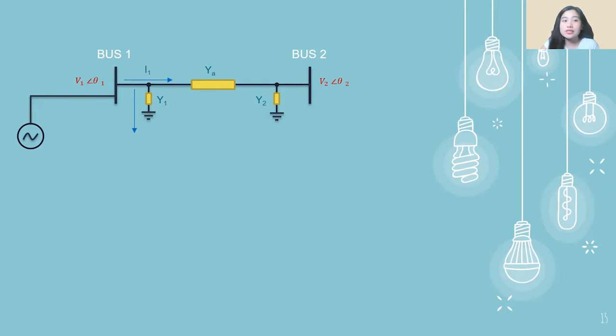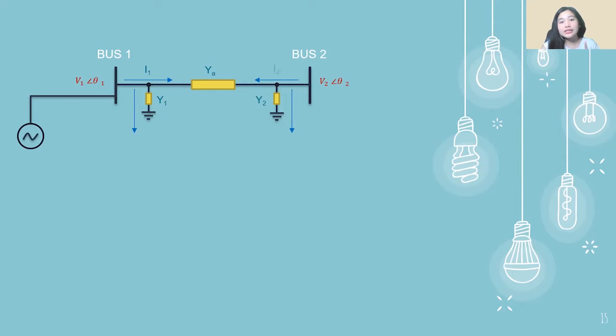The same goes here. At our bus 1, the injected current will be equivalent to the current flowing where the arrow points. As you can see, the arrow is pointing to the right and down because there are some paths where the current could flow. So we are just refreshing our idea of the KCL, that the current entering is equal to the current that is leaving.